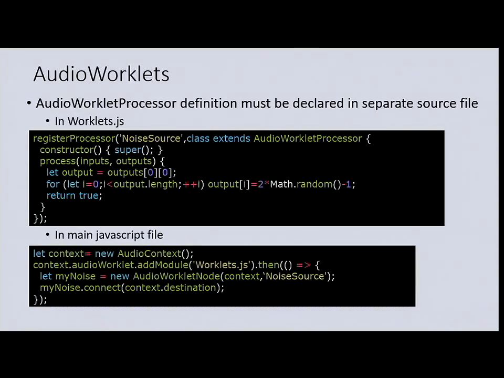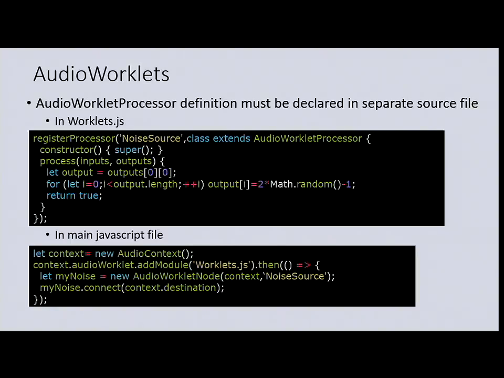And one other thing, the worklet must be in a separate file from where it's used. I don't remember the full reason for this, but the API doesn't allow them to be in the same file. So you can create a new file, worklets JavaScript, with the worklet itself, and then you call that file from your main JavaScript file.